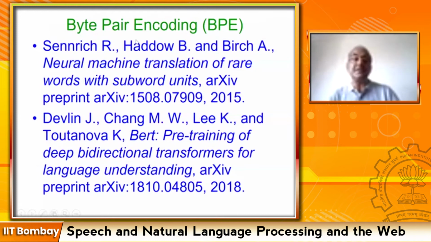Byte pair encoding is indeed a very important development, coming again from speech, like many ideas which came from speech to NLP, like noisy channel, for example. This paper by Sennrich et al., Neural Machine Translation of Rare Words with Subword Units, is highly cited and used heavily.